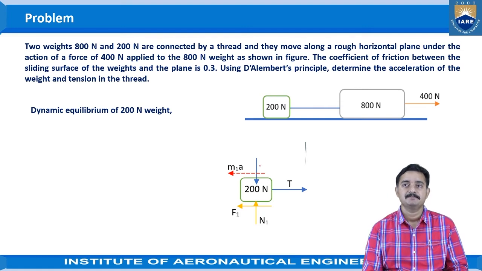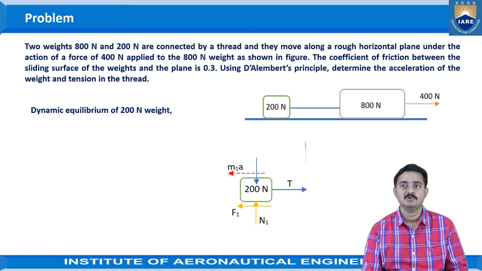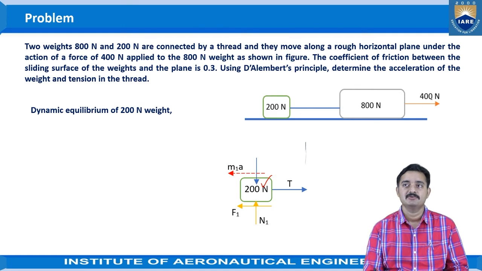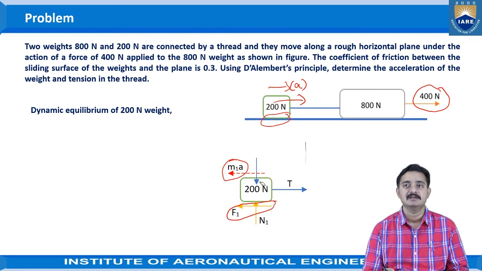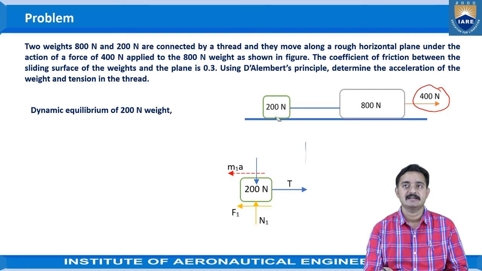As the force is being applied in the right hand side direction, we can say that the acceleration is in this direction, so the inertia force is towards the left side. Also, at this contact point, the object is moving in the right side direction, so the frictional force will be acting towards the left side, which is considered as F1. And N1 is the normal reaction.